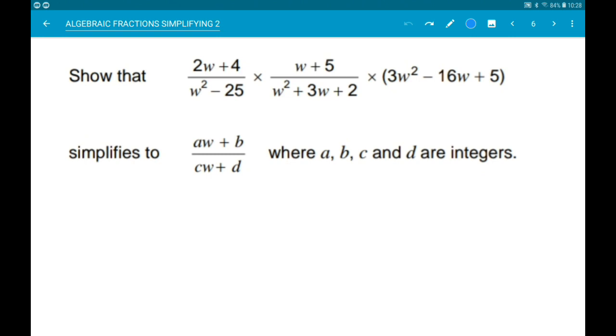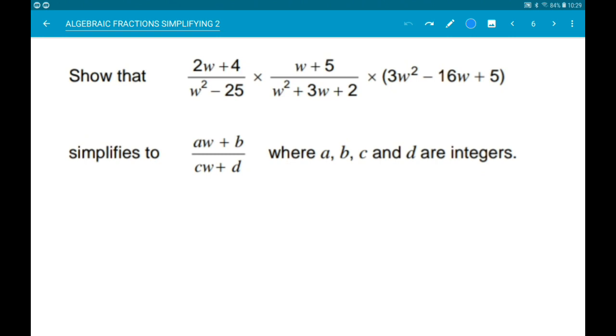So we want to show that (2w add 4) over (w squared minus 25) times (w add 5) over (w squared add 3w add 2) times (3w squared minus 16w add 5) simplifies to (aw add b) over (cw add d), where a, b, c and d are integers. Okay, so again, don't do it all at once, so let's do the first two.